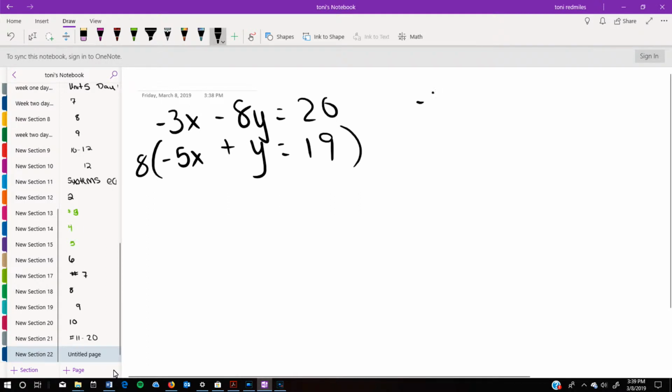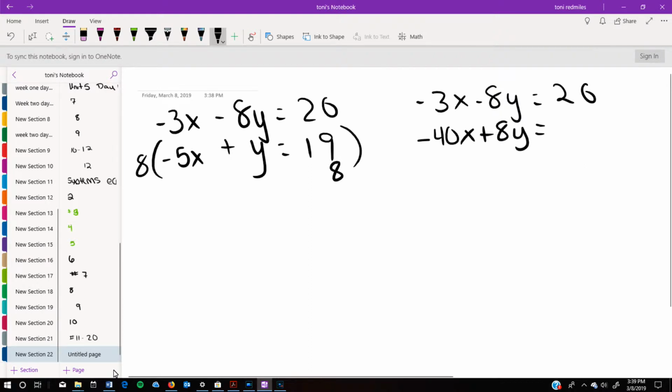So my new equations, the first one stays the same, and my second one, everything gets multiplied by the negative 8. So I'm going to have a negative 40x plus 8x equals, what is this? Let's figure it out. 8 and then 7 more is going to give me 152. That kind of sucks as a number.